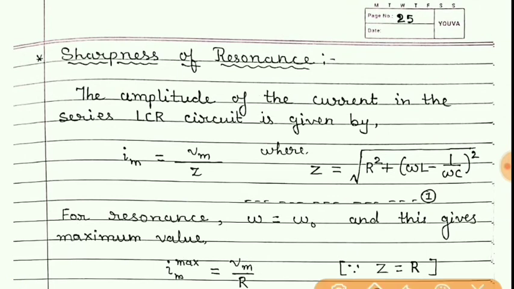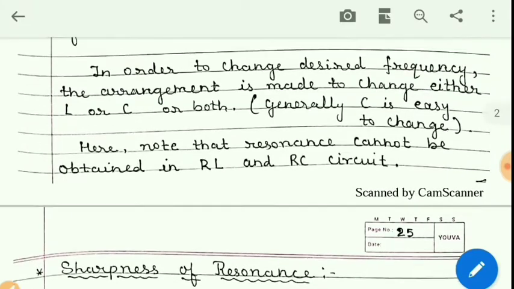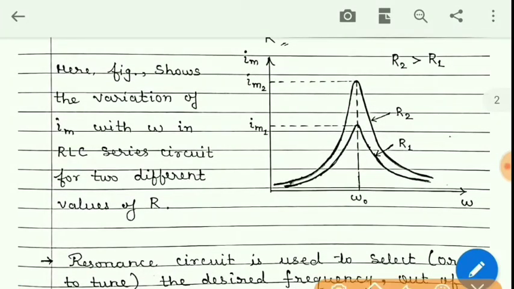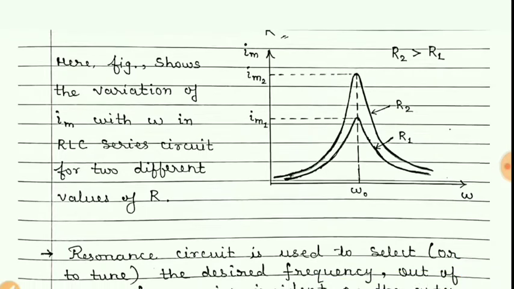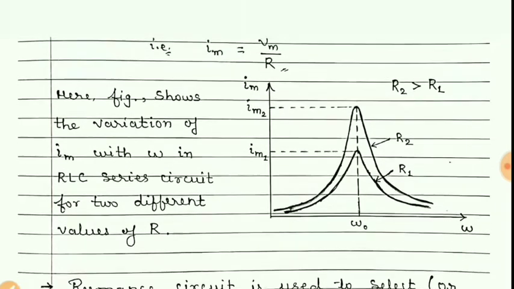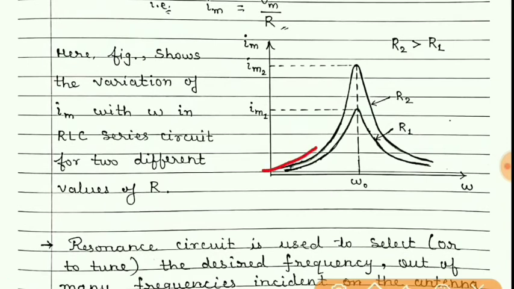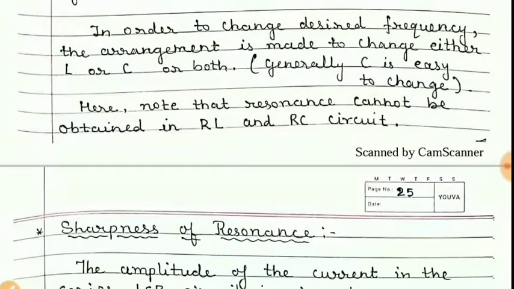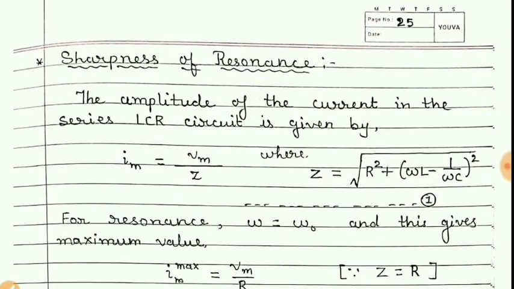Now about the sharpness of resonance. Sharpness means, you can see the figure, you can see this curve. This curve has a sharpness, so there is an importance of this sharpness of the curve.